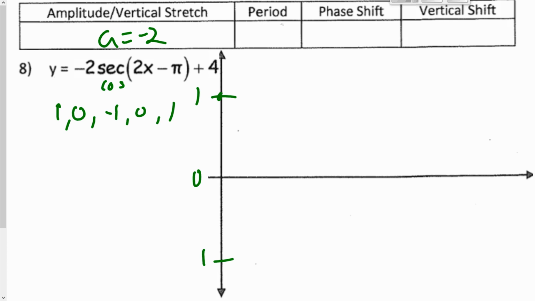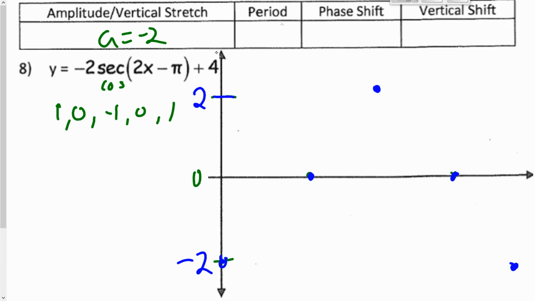So instead of right here, right here, right here, now it's going to flip and go down here, middle, up, back down to negative 2. And then we can just change these. Instead of 1 and negative 1, it's going to be 2 and negative 2.